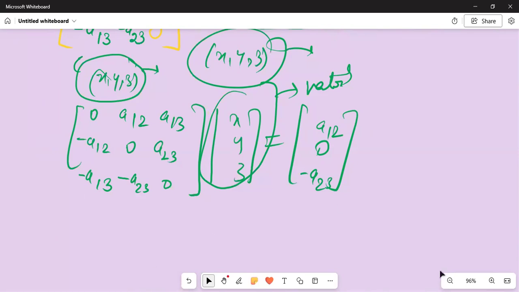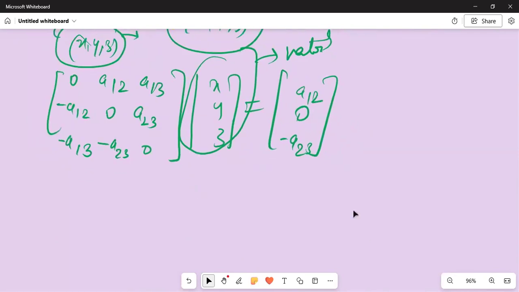So 3 linear equations and 3 variables are there, so you can solve it using the elimination method, or you can use the matrix method as well. For the matrix method, you need to find the determinant of this matrix M.